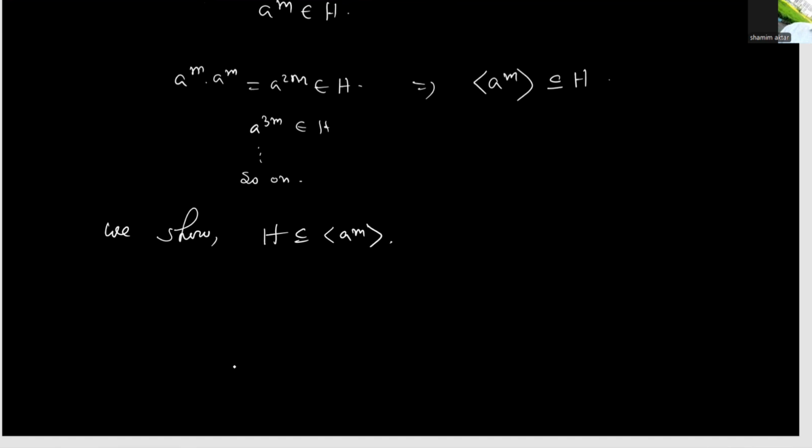Let any element x belong to H. So x equals A to the power k for some k, because every element of H is of the form A to the power t.